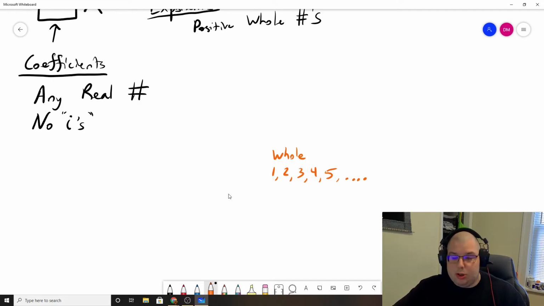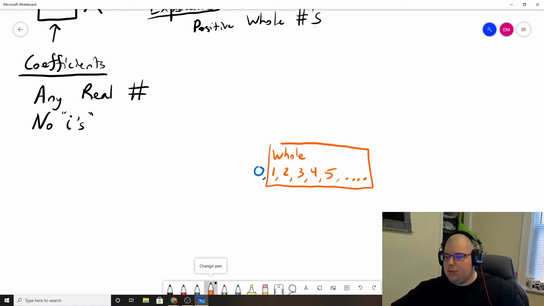Whole numbers, your counting numbers, are the first numbers you experienced as a little kid, counting on your fingers, counting numbers of cars or toys or blocks. Counting numbers are whole numbers, also sometimes referred to as natural numbers, and depending on who you're talking to, sometimes zero is included in that, sometimes not. But we're going to go with whole numbers for right now.